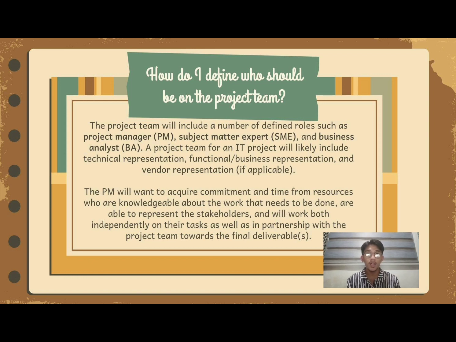The PM will want to acquire commitment and time from resources who are knowledgeable about the work that needs to be done, are able to represent the stakeholders, and will work both independently on their tasks as well as in partnership with the project team towards the final deliverables. As a group, the project team should represent the diversity of skills and knowledge necessary in the proportion required to successfully complete the project and represent stakeholders.